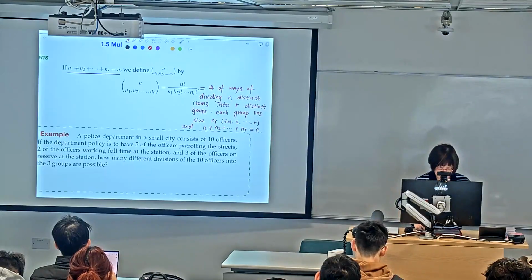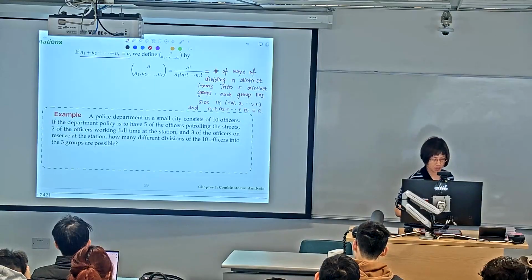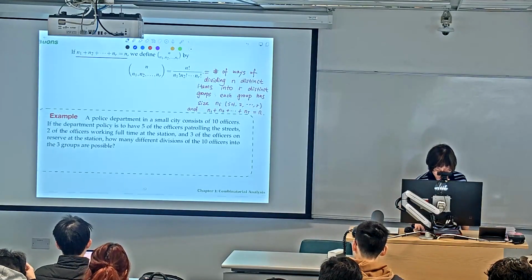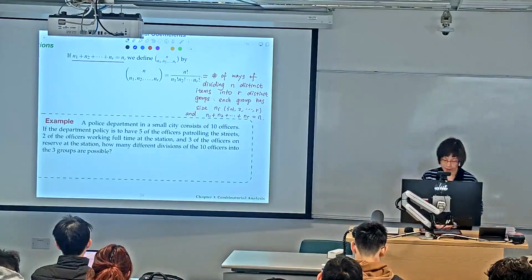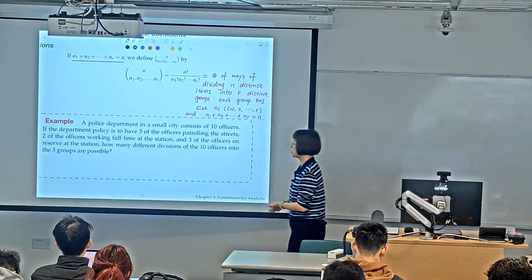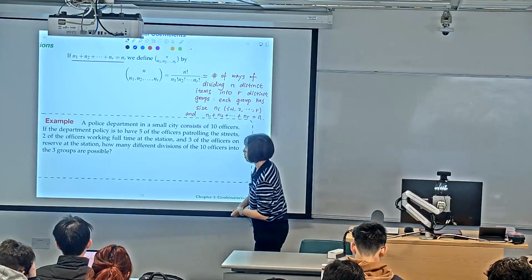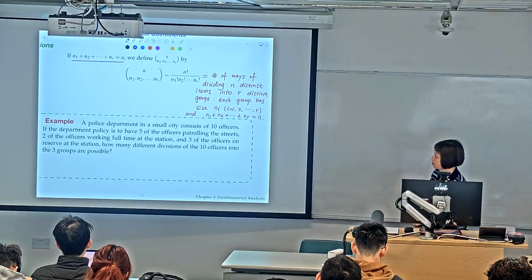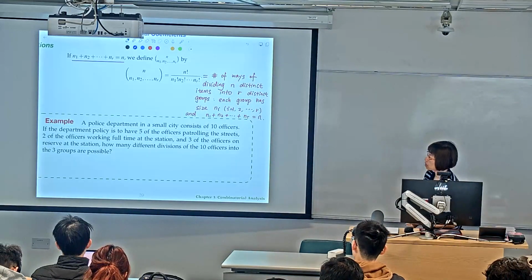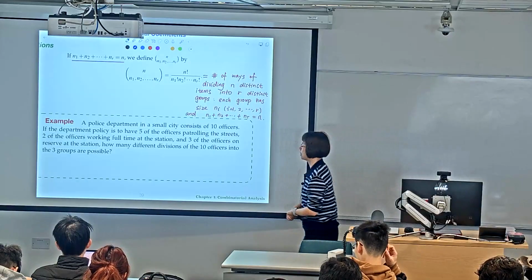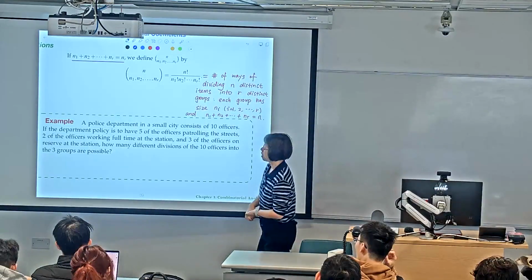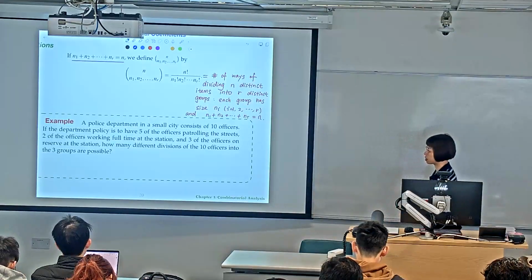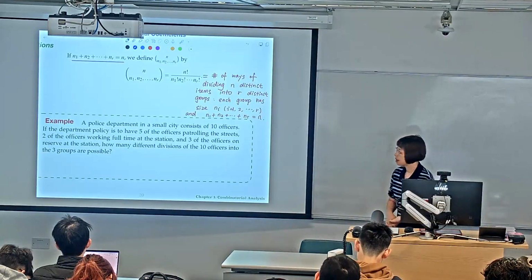Okay, let's apply this number to solve some counting problems. You can apply this result directly if it fits in. A police station in a small city consists of 10 officers. If the department policy is to have 5 of the officers patrolling the streets, 2 of the officers working full-time at the station, and 3 officers on reserve at the station, how many different divisions of the 10 officers into the 3 groups are possible?